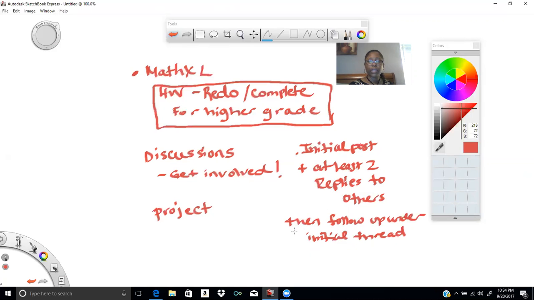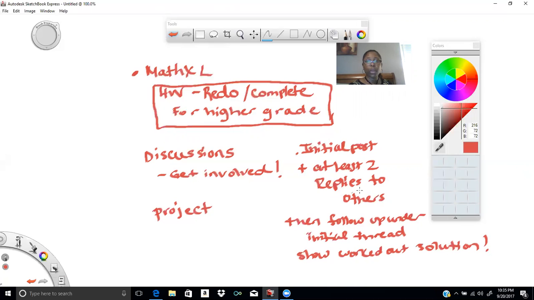Now, let's suppose that you gave a challenge problem and no one has replied, and it's Sunday. So go back in under your thread, and you can show your work and your solution. This is how you get a good grade.